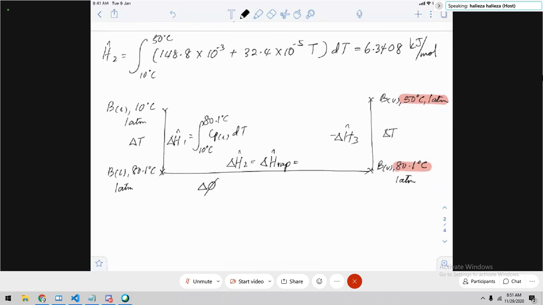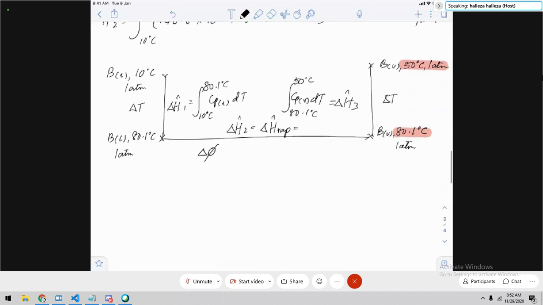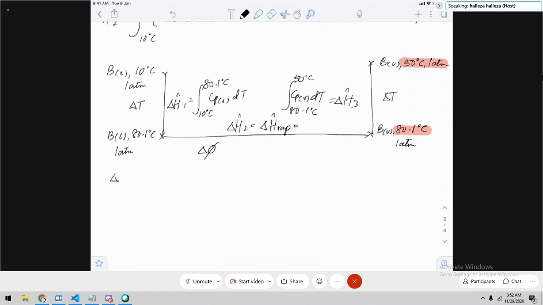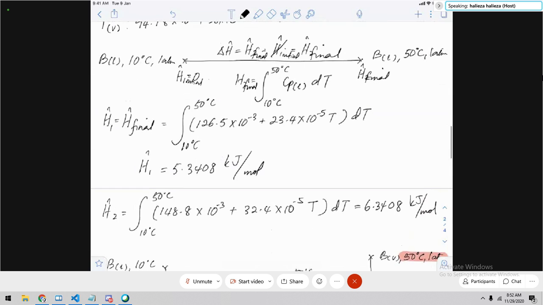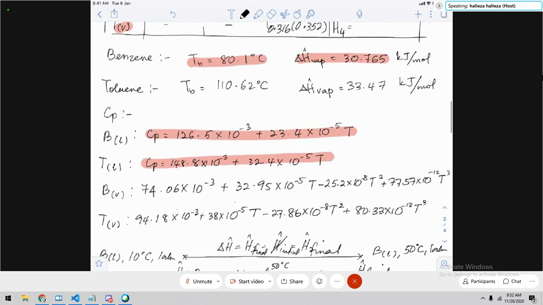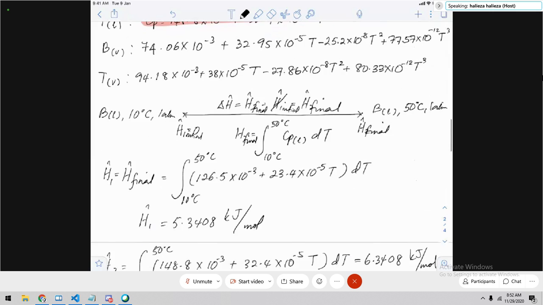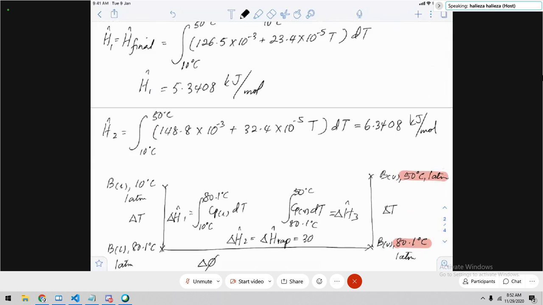For step 3, you have vapor, so you do the same thing, the integration, starting from 80.1 degrees C and ending at 50 degrees C. The only difference is that now your CP will be that of your vapor with respect to temperature. So we're going to do both calculations. For the second enthalpy change, which is that of phase change, we're going to write down the latent heat of vaporization, 30.765 kilojoules per mole.